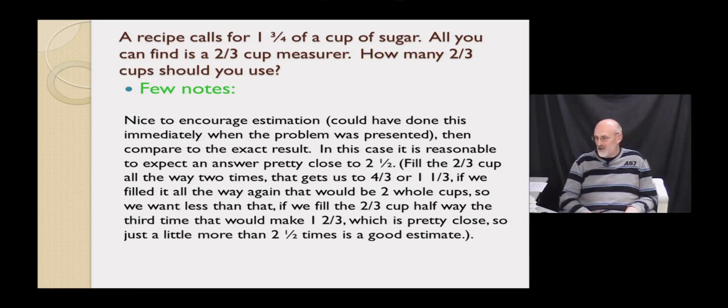And we need to get up to 1 3/4. So we don't want to go all the way up to 3/3. So we're at 1 1/3, and we want to get up to only 3/4. That's not all the way of another 2/3, maybe about halfway. Just using some number sense and estimation there, kids should be fairly comfortable that the answer makes sense.